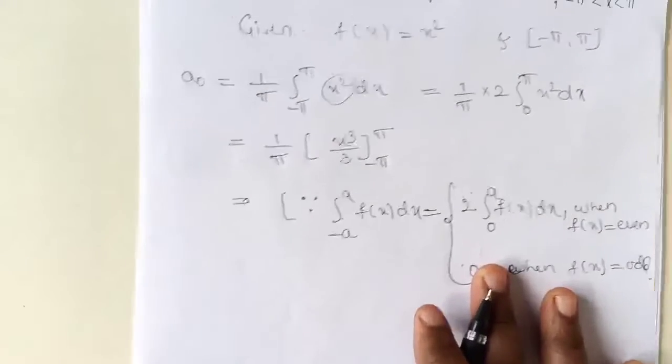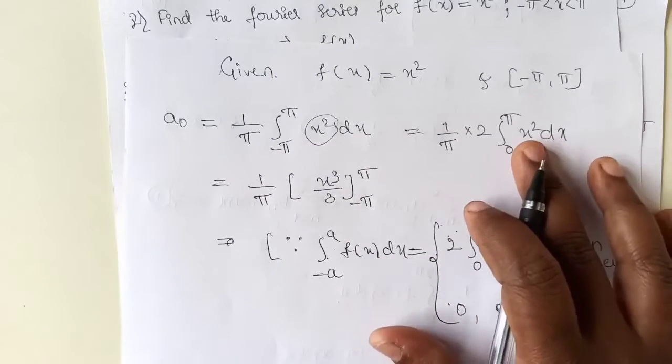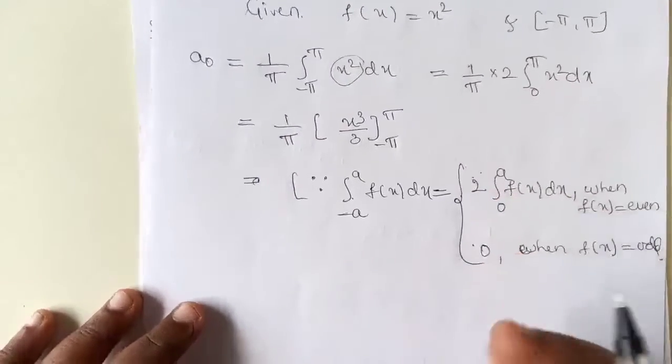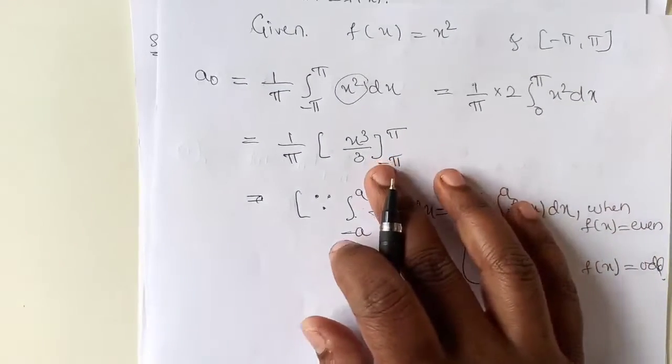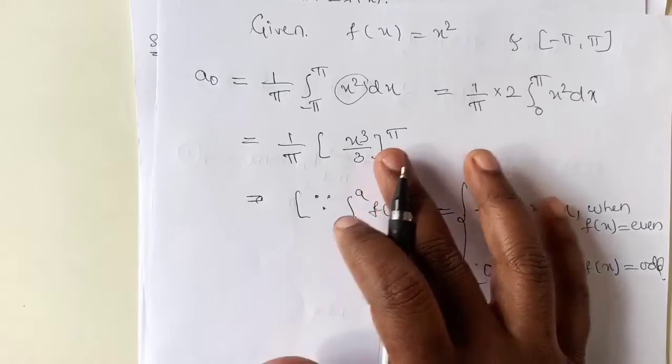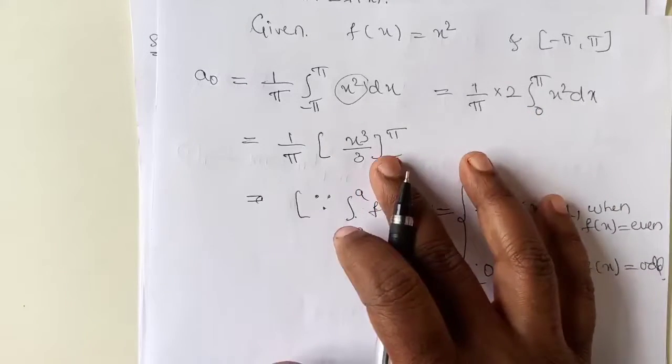Since x square is an even function, we can use this formula, or you can directly calculate it.